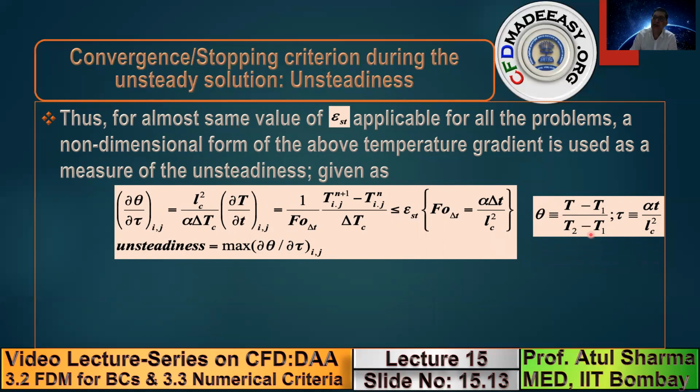So let us suppose you are considering the problem which I mentioned earlier: left wall 100, bottom wall 200, right wall 300, top wall 400. Then the non-dimensional temperature that we take is basically the difference between the maximum and minimum temperature. The boundary condition gives the minimum temperature as 100 and maximum temperature as 400. So you can take the delta T, the temperature difference in the non-dimensionalization, as 400 minus 100, which is 300 for that problem.